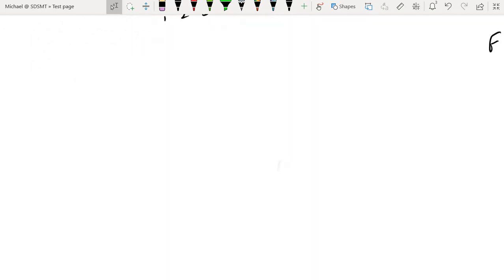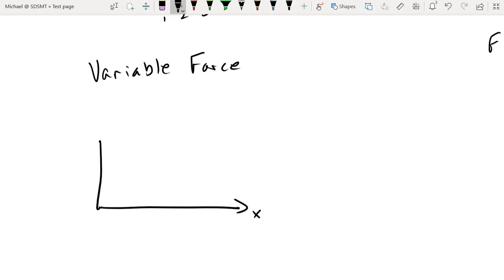So now, for a true variable force, what if you had a force that looked something like this as it displaced? So we want to figure out how much work is being done.